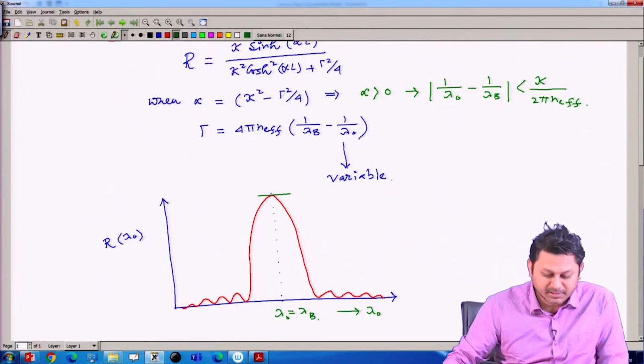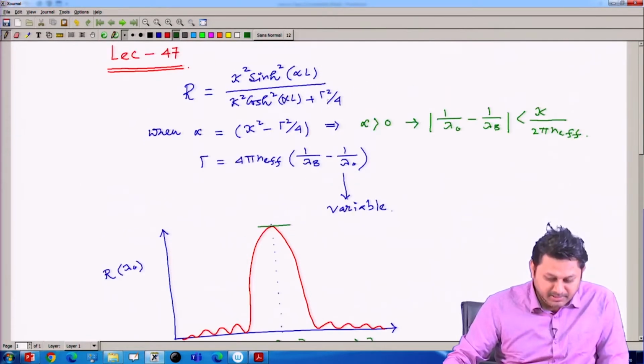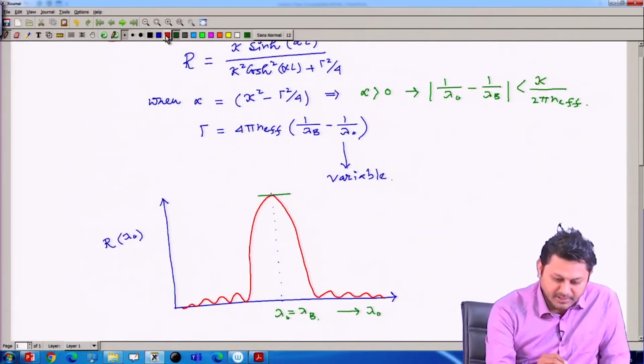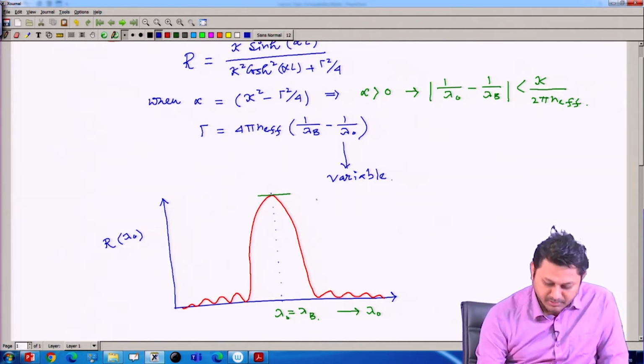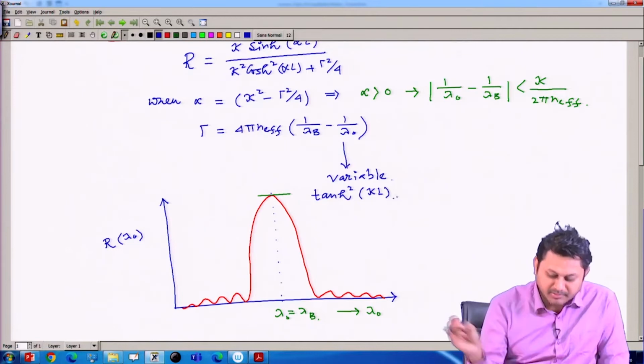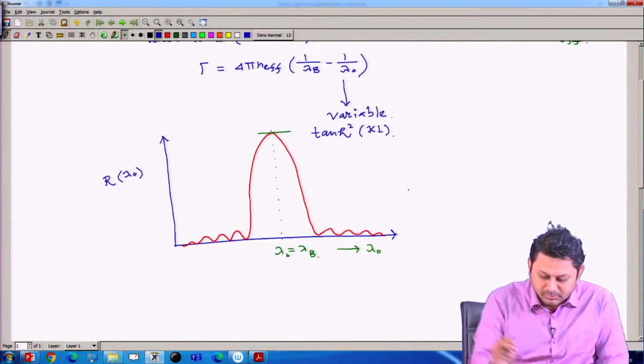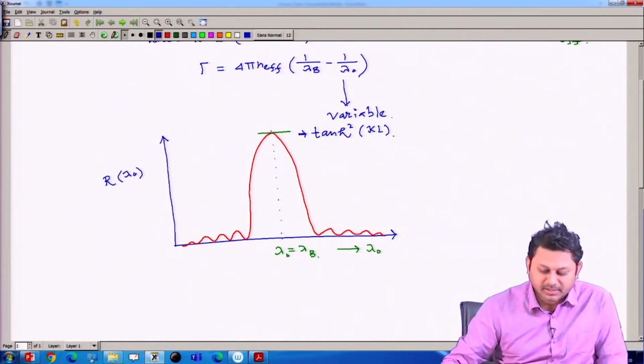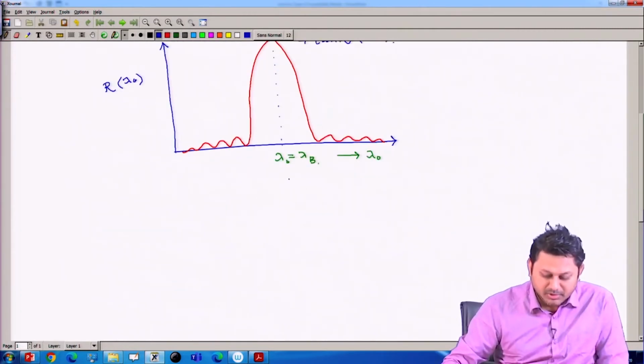We know the value of the maximum reflectivity, and from here I can see that when gamma is 0, that value should be simply tanh square of kappa L. That was the maximum value of the reflectivity, or the peak reflectivity, at the condition when lambda 0 is equal to lambda b.